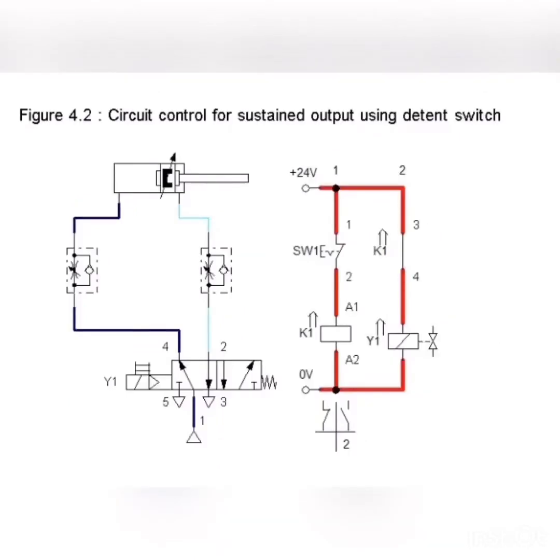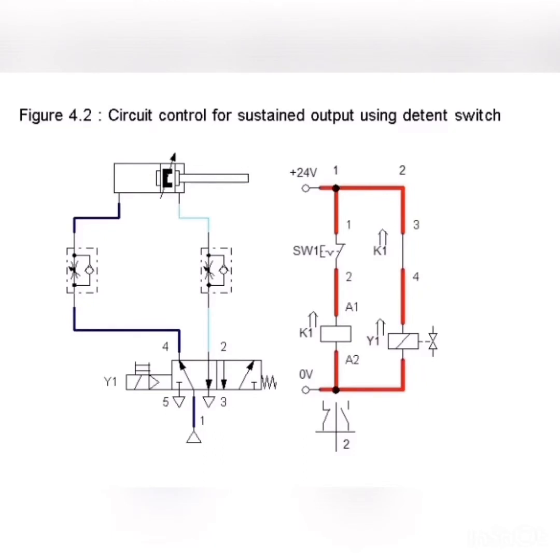Figure 4.2 is the circuit control for sustained output using a detent switch. This part is quite the same as the first one. However, the only difference is when it changes the switch. Therefore, when the simulation runs, the air supply directly flows to the valve.